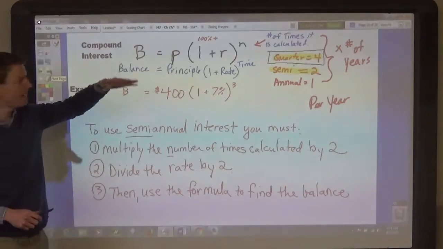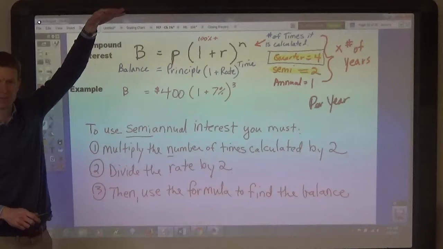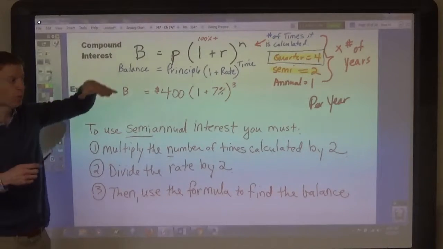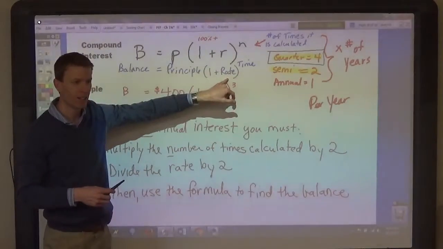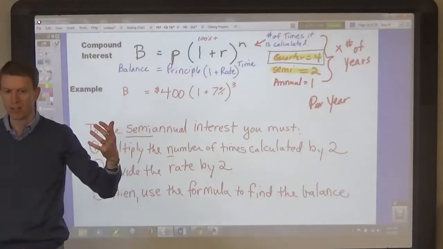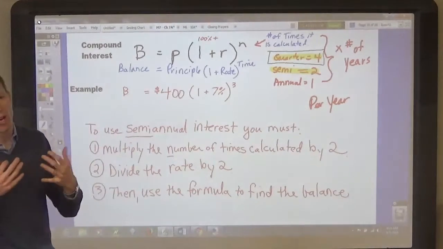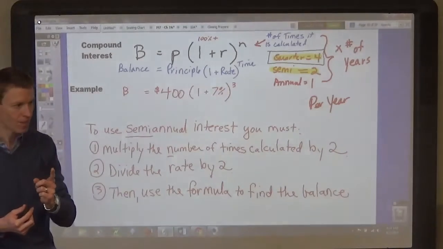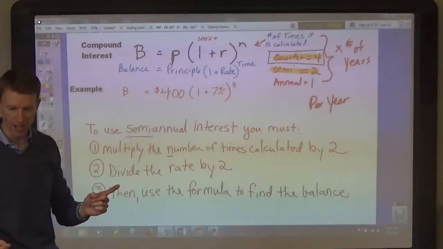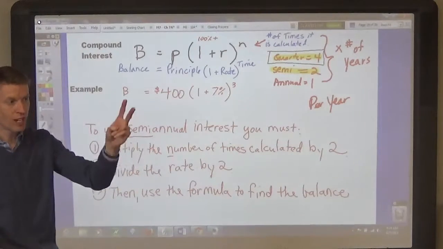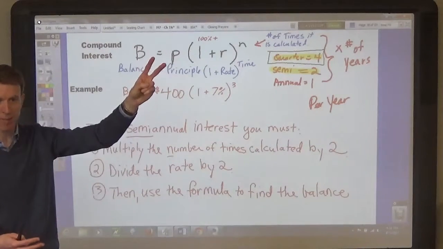So as the balance increases, the amount of money you're getting is increasing. Even though the rate is the same, you're getting a percentage of a bigger amount. So, for example, 1% of $100 is $1. 1% of $200 is $2. It's twice the amount.